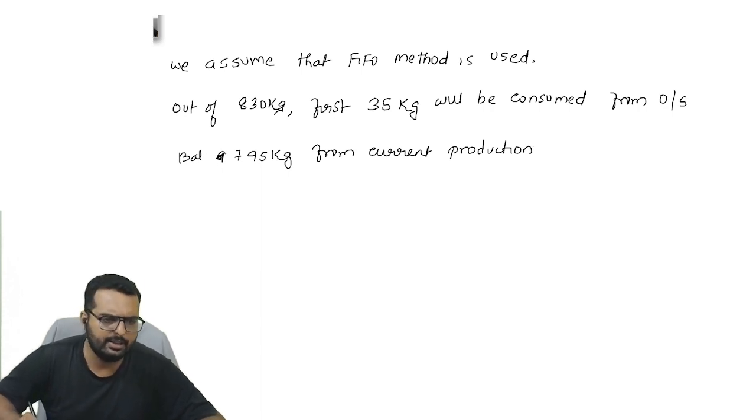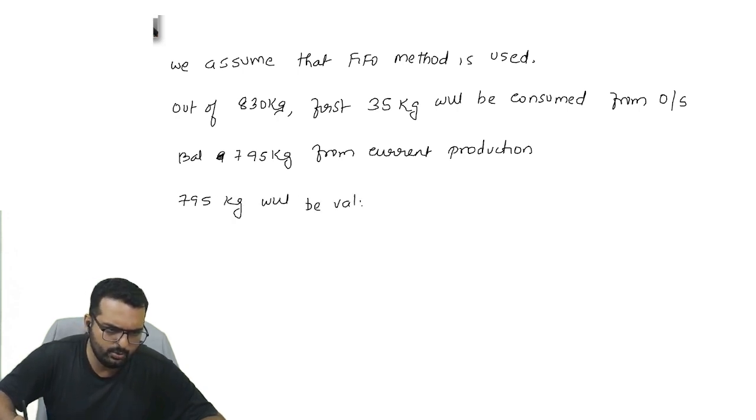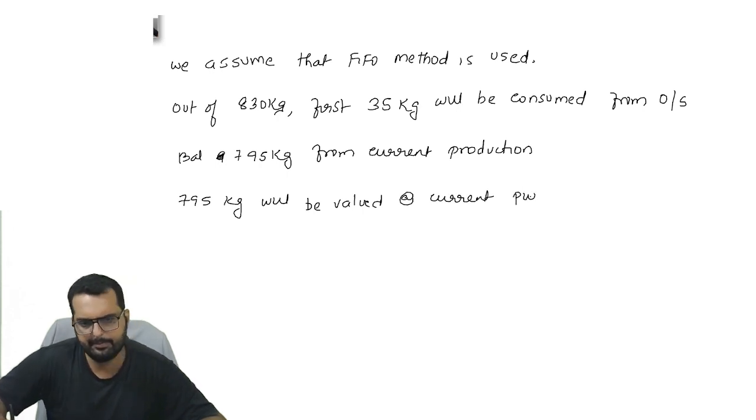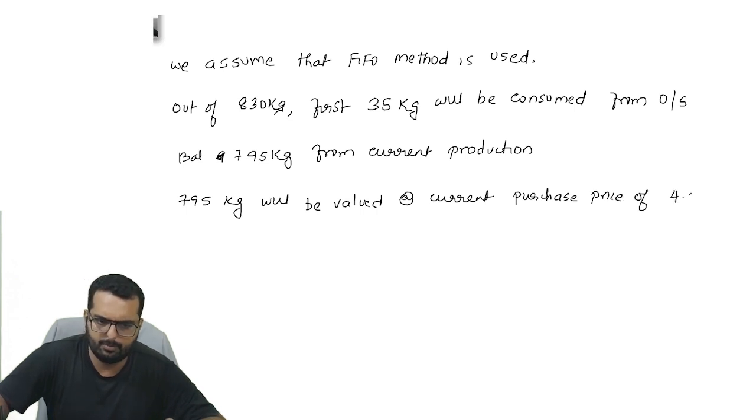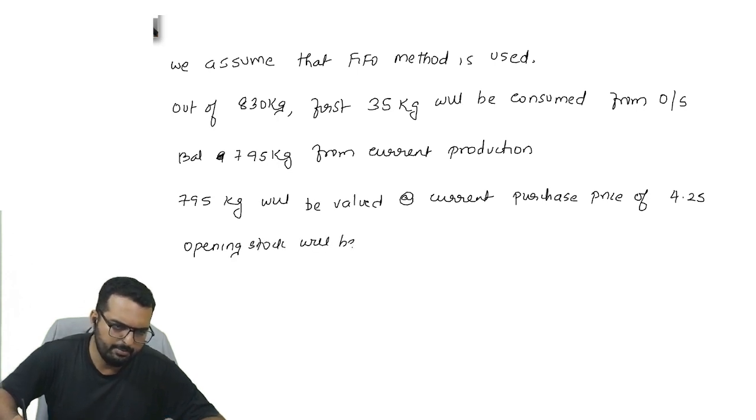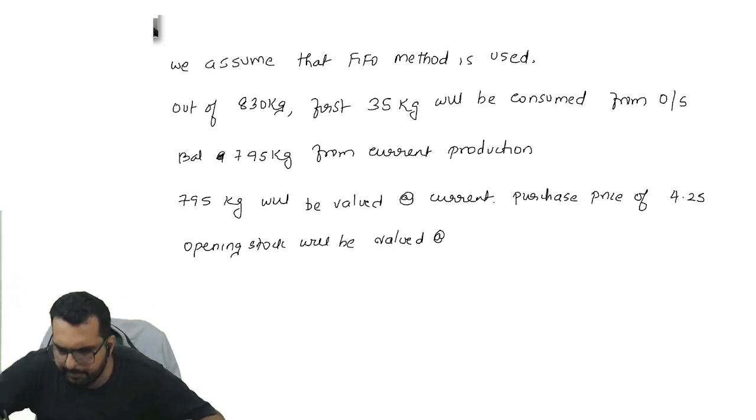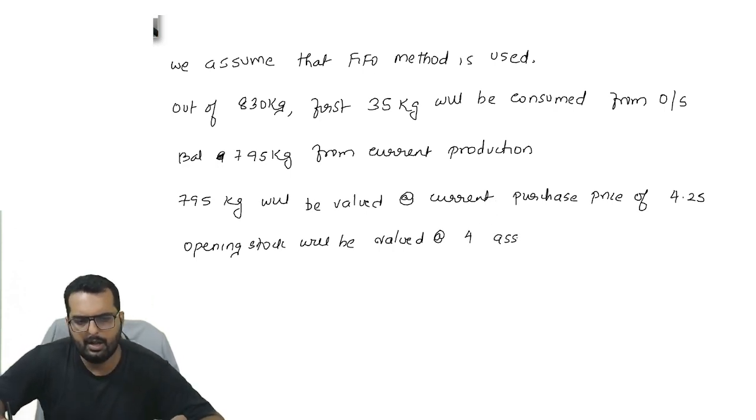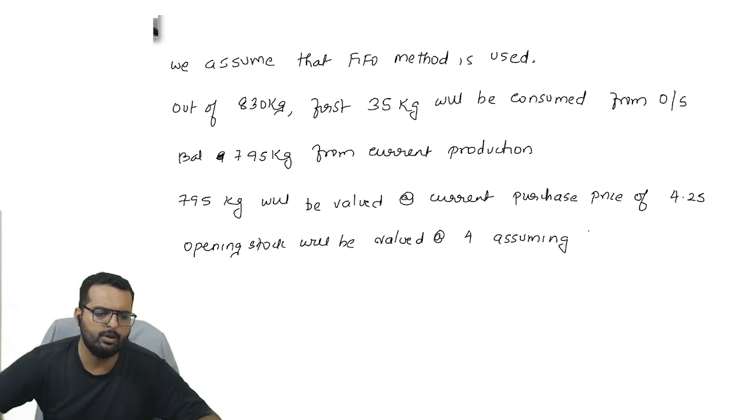So I'll write down the next point. 795 kg will be valued at current purchase price of 4.25. Opening stock will be valued at 4, assuming what, friends?